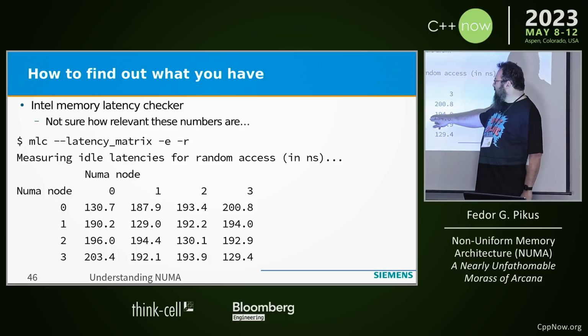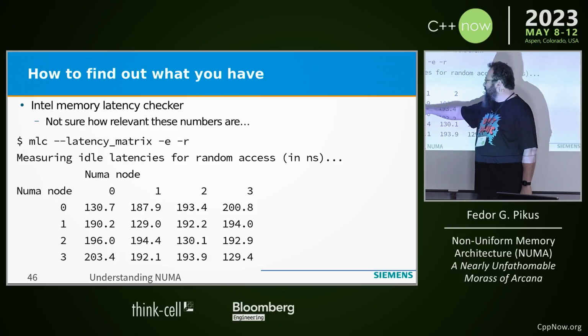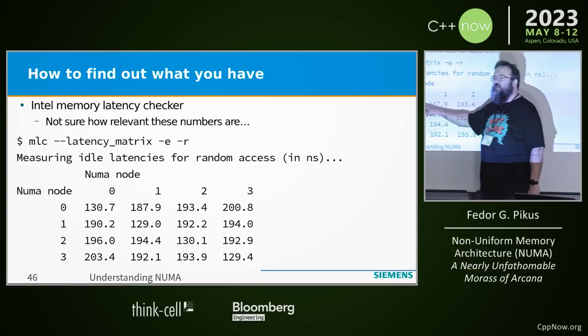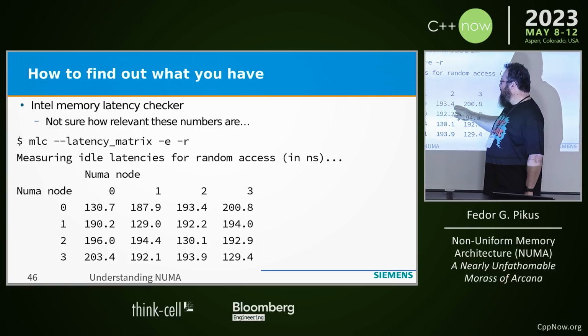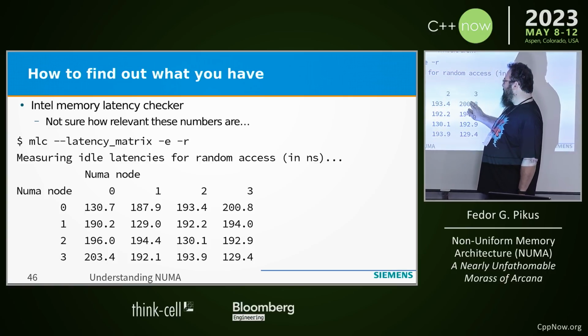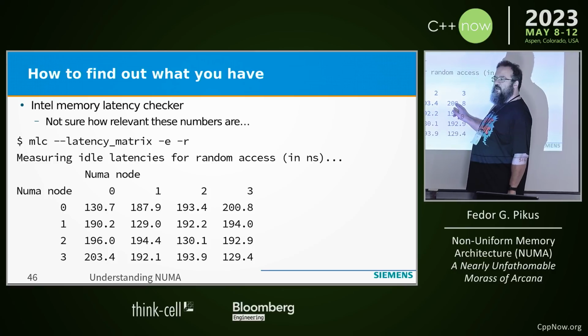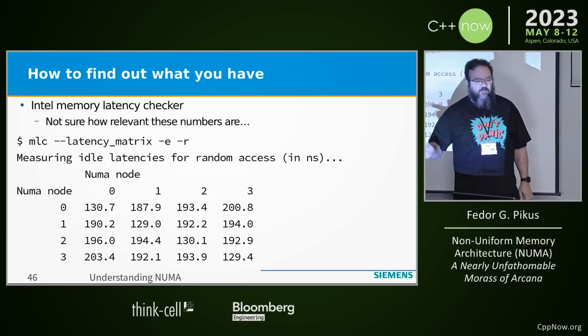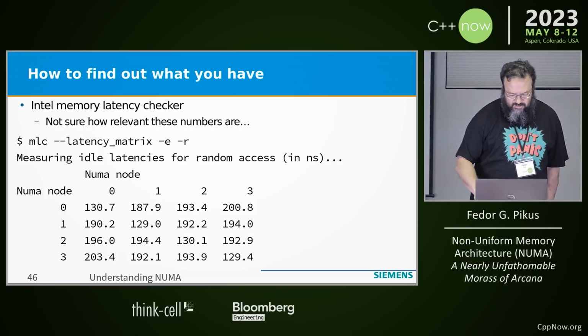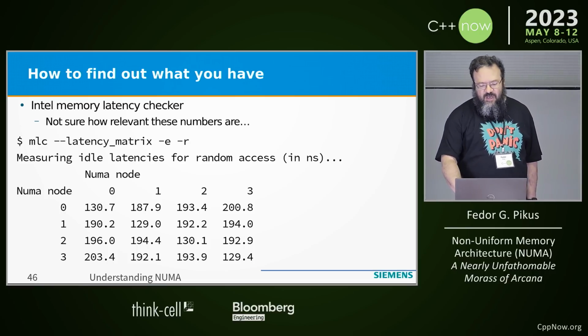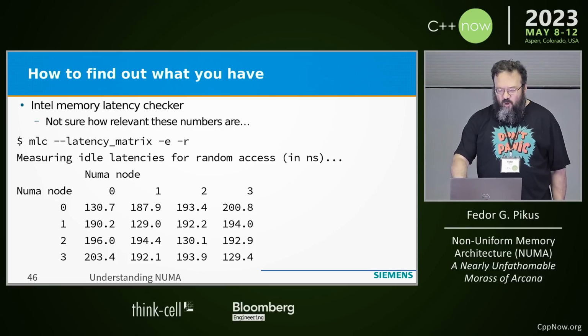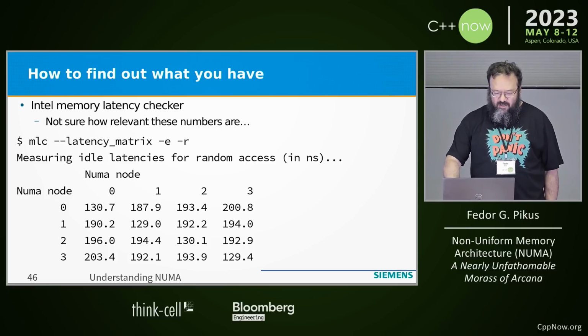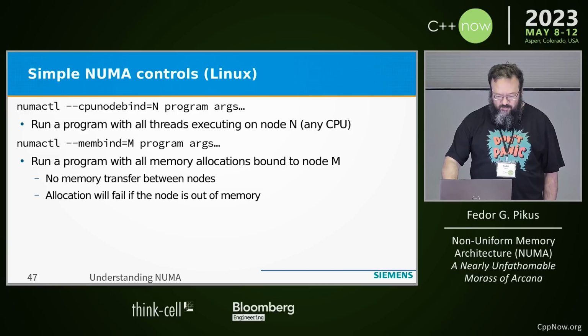But you can see that, first of all, it's not 2x slower. And second, there is a slight difference between diagonal and the side on this system. This gives you ballpark expectations for what you're going to get. Don't read too much into it.